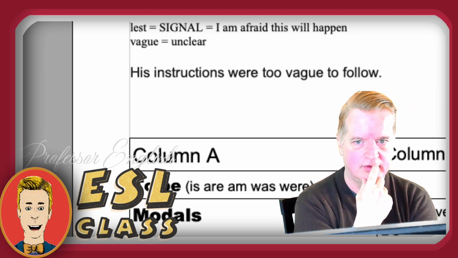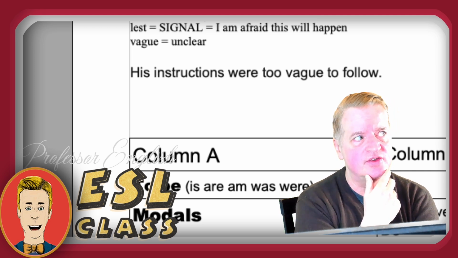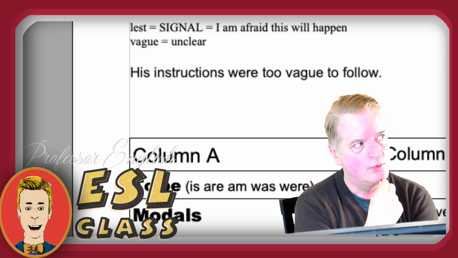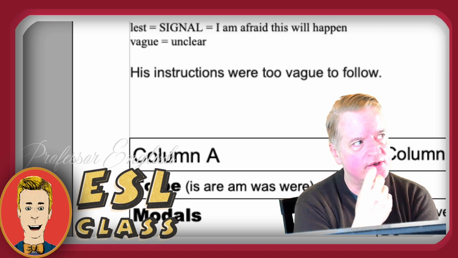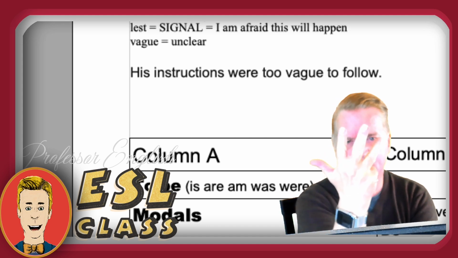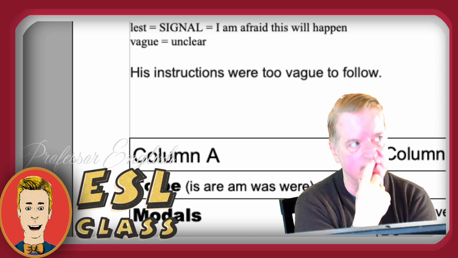His instructions were too vague to follow. Okay. All right, so we have his instructions. What do you think? When you hear his instructions, there are four syllables in that phrase. Are they big syllables or small syllables, do you think? His instructions.